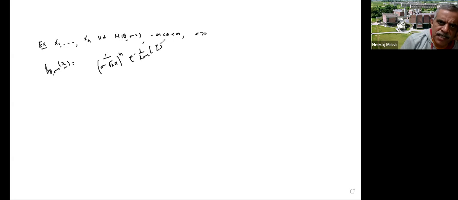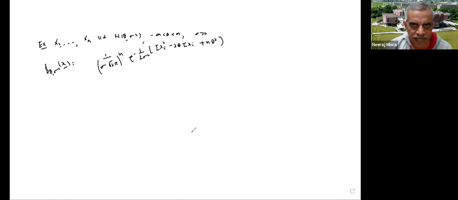So that is summation xi square minus 2 theta summation xi plus n theta square. That is what it turns out to be. Now, we'll consider all the three cases separately.